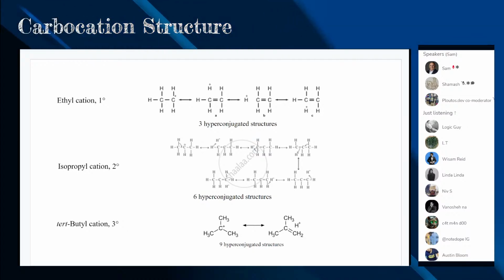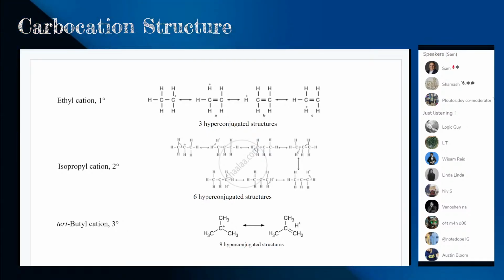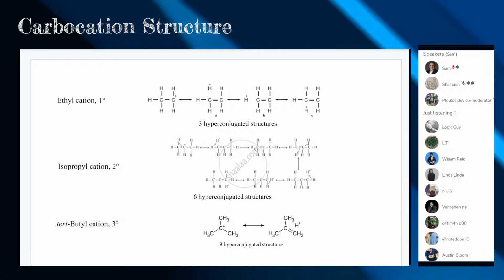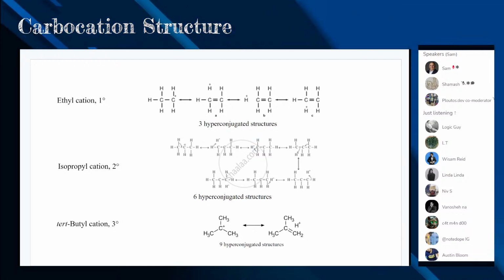The methyl cation, I'm not even going to talk about CH3, because that doesn't have any neighboring groups that can donate electrons into the p orbital of the central carbon. So a methyl cation, CH3 plus, is incredibly unstable.